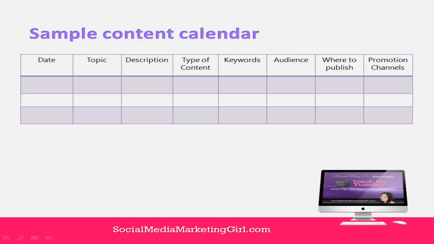At the top, you can see the date, the topic, the description, type of content, keywords, audience, where to publish, and the promotion channels. Being organized will definitely make you more productive with content creation. Let's say you need to publish a new blog post every Tuesday and Thursday, you will be able to refer back to your content calendar because you have planned in advance.